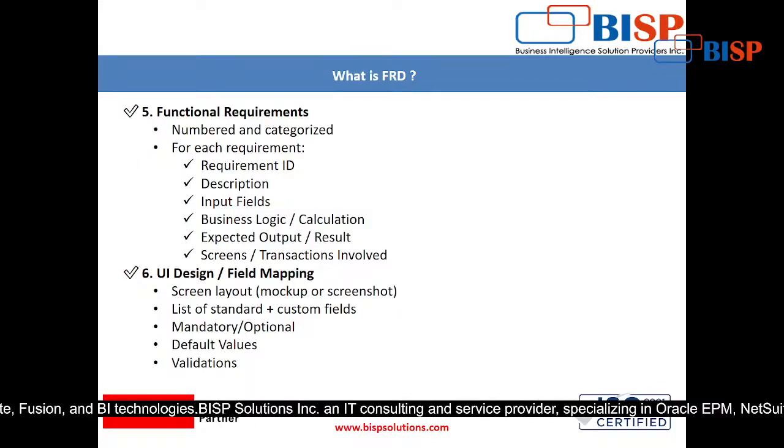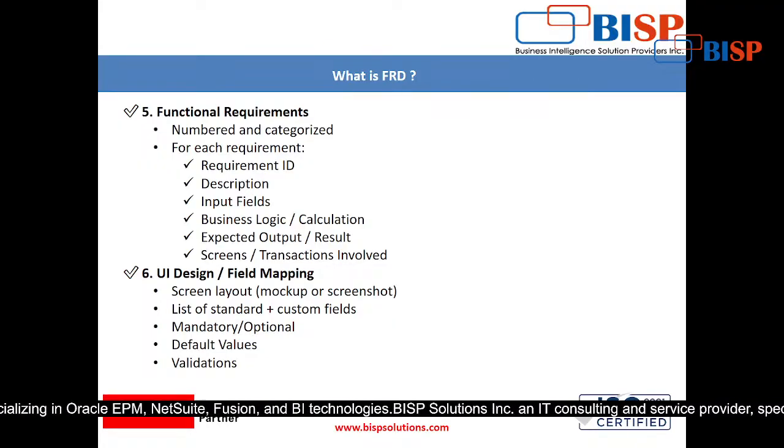Because I have seen in my project, in a sales order form, one sales rep demanded another memo field, and that memo field should be for the warehouse management team. So the list of standard and custom fields should also be shown in the functional requirement.